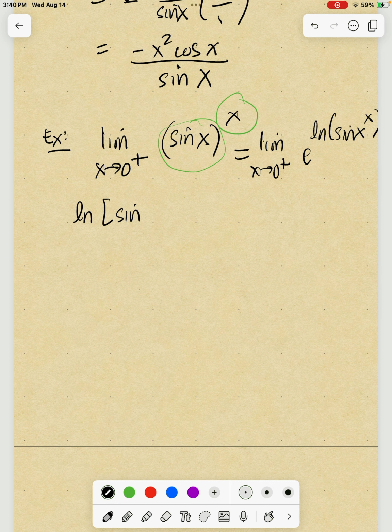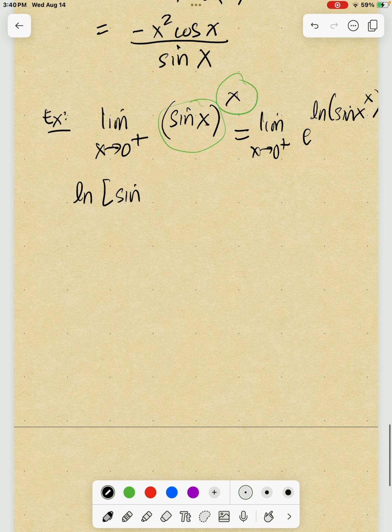Because natural log and exponentiation undo each other, and then since exponentiation is a continuous function, this is equal to e to the limit as x goes to 0 from the right of the natural log of sine x raised to the x power. That's what's going on.